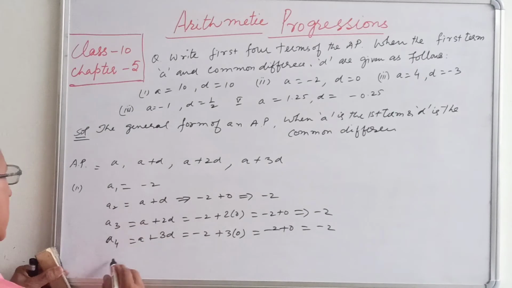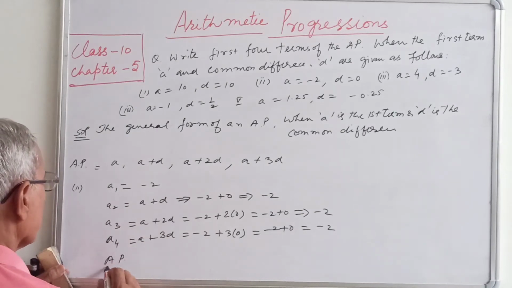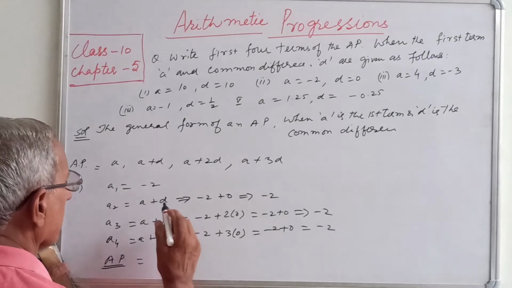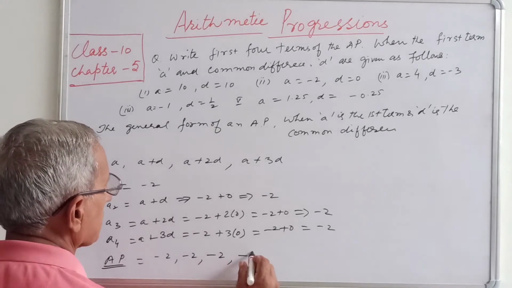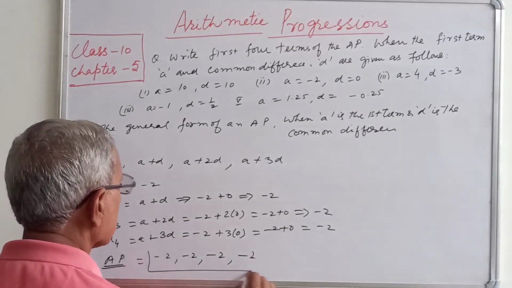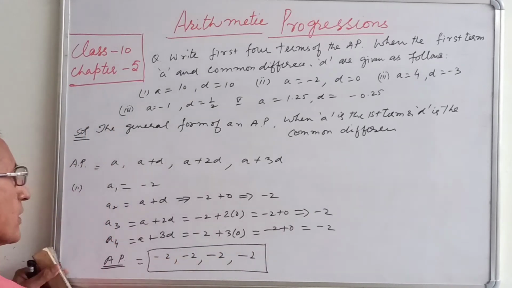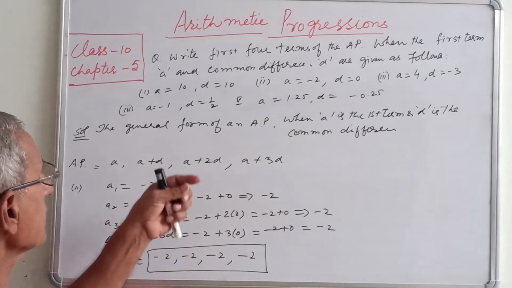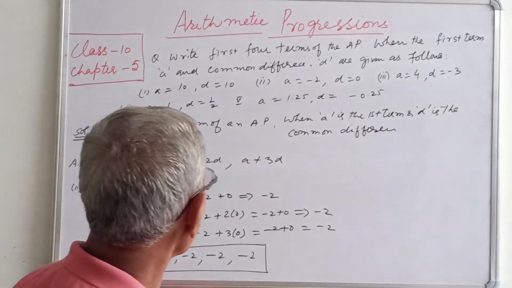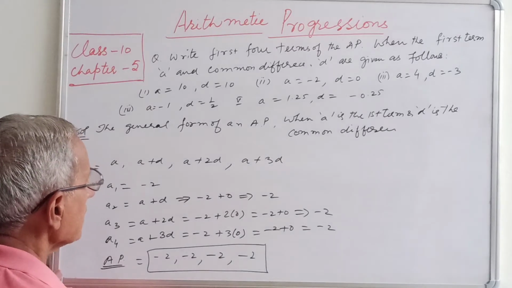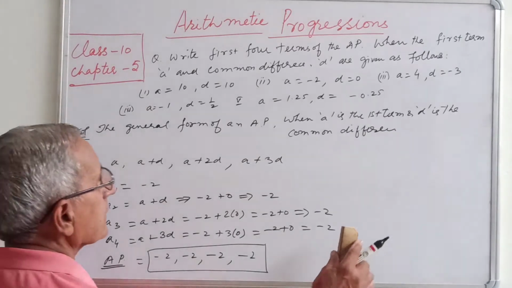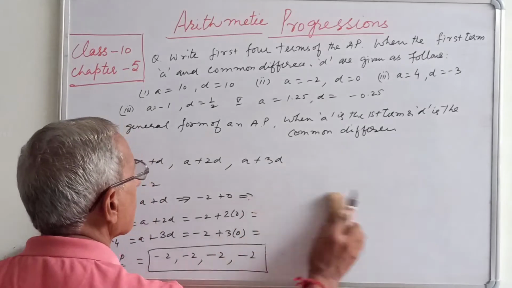So the first 4 terms of the AP are minus 2, minus 2, minus 2 and minus 2, because all the terms are equal. Why? Because D is 0. The common difference is 0, meaning the difference between two successive terms is 0, so each term is equal.